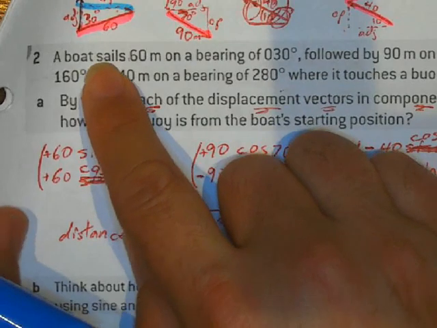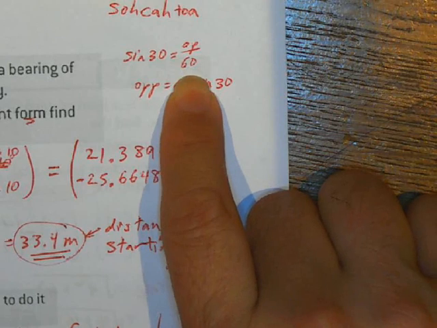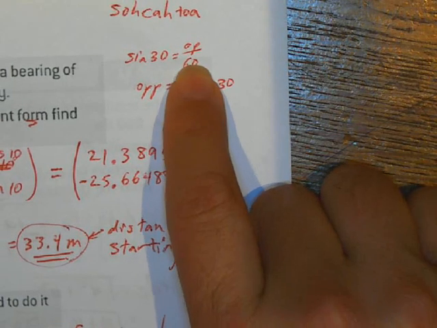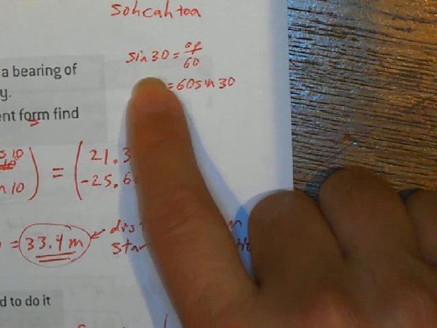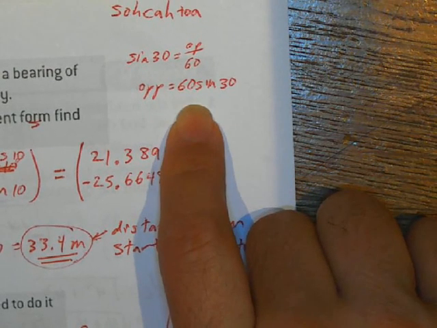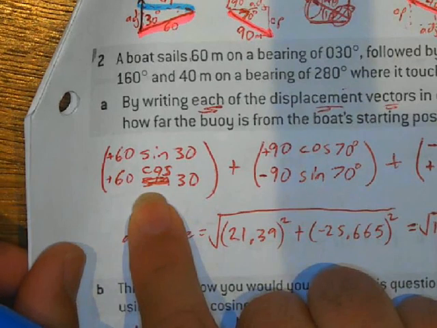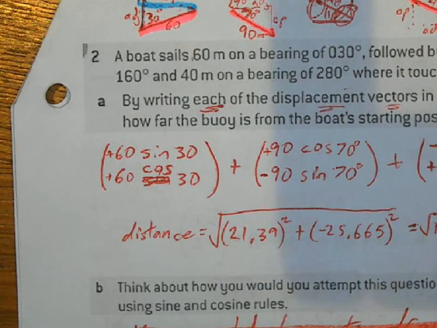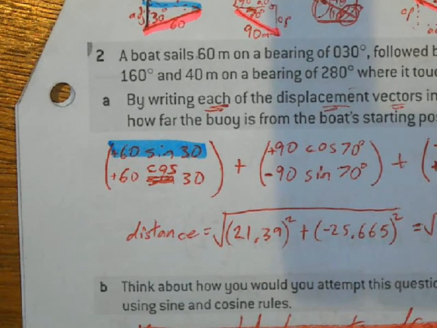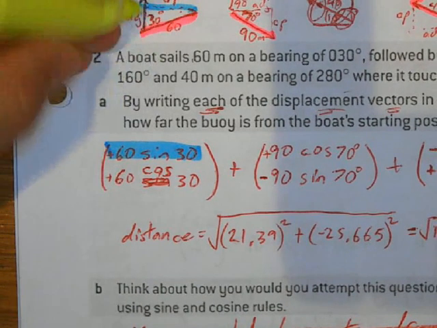So I'm going to say sine 30, opposite over hypotenuse, and then I rearrange this and I get opposite equals 60 sine 30. Okay, and then I do the same thing, and then the y value is going to be 60 cosine 30.